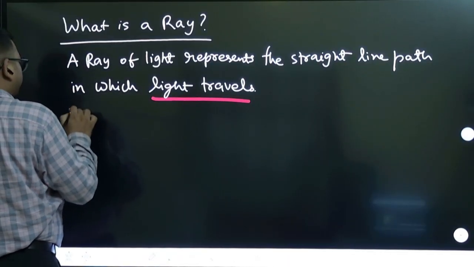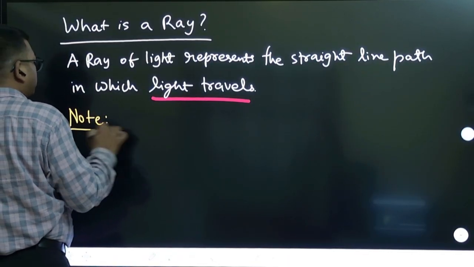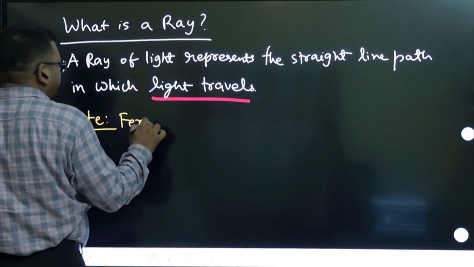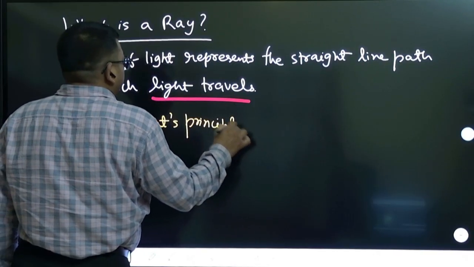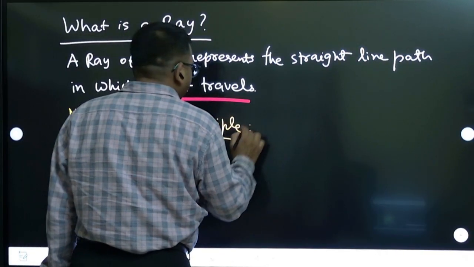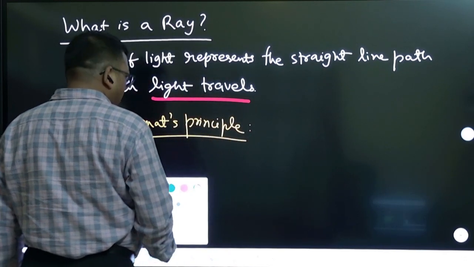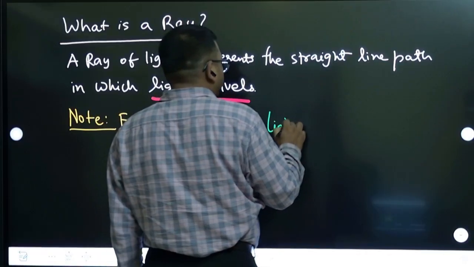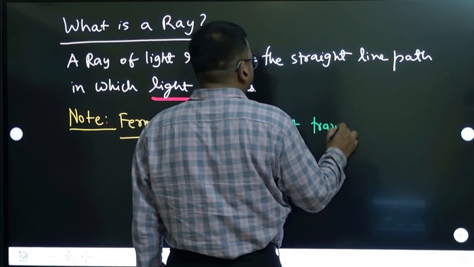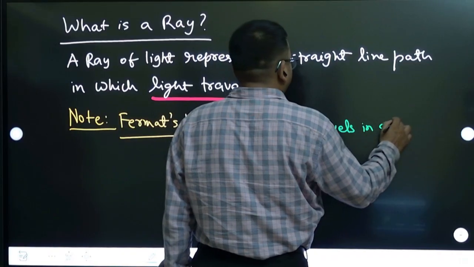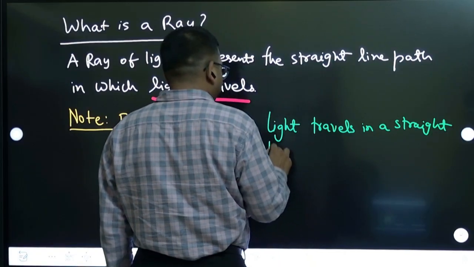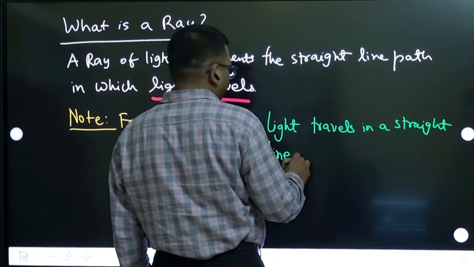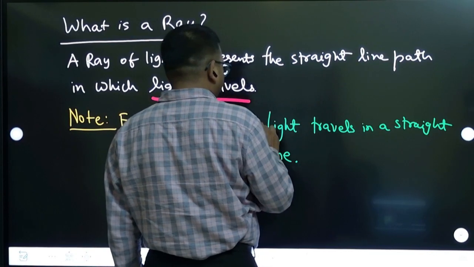So note Fermat's principle. Fermat's principle says that light travels in a straight line. That is one point.